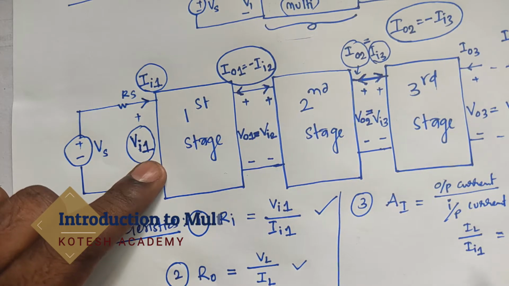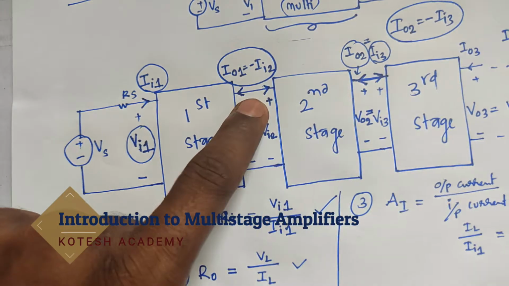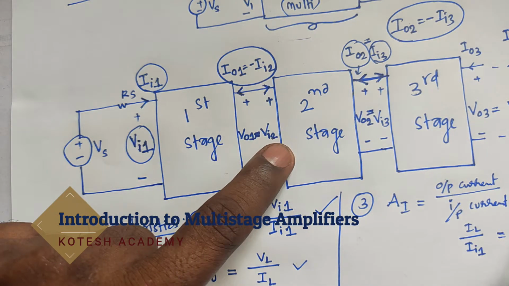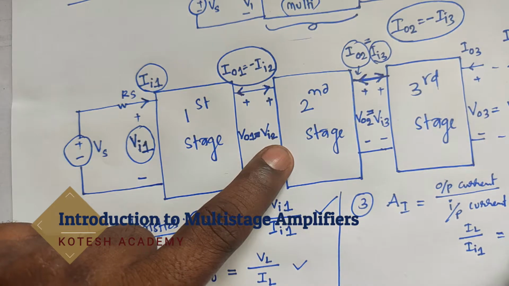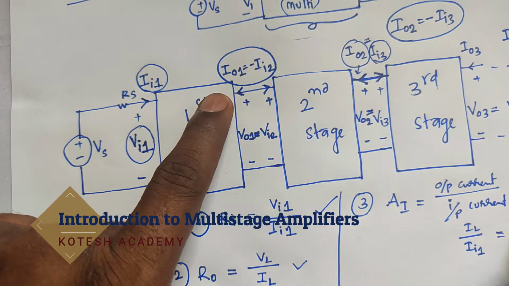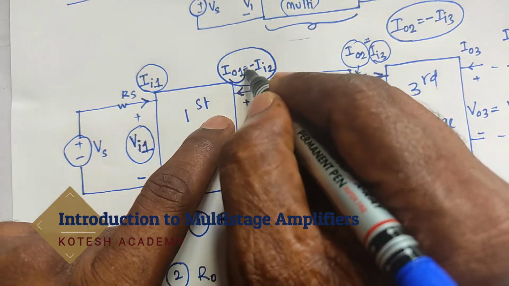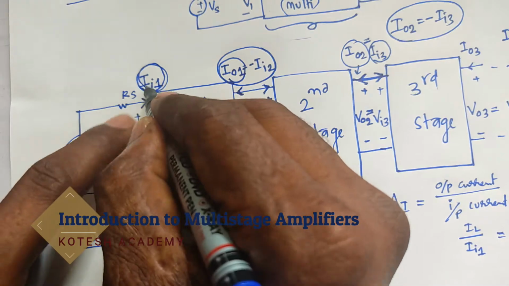Okay. Then for the clockwise direction, for the first stage outgoing current, that is II2. This is actual first. But in terms of this, that is actual minus of I01. So this is the first stage output current. This one is first stage input current.